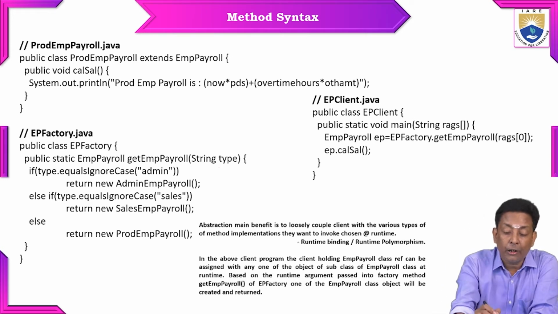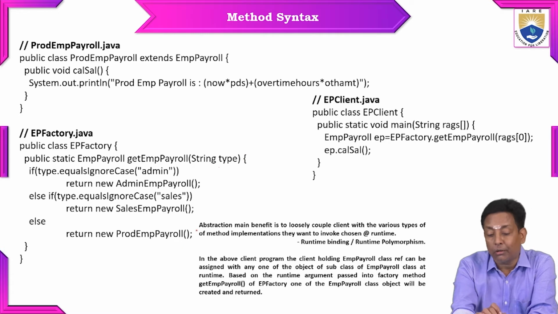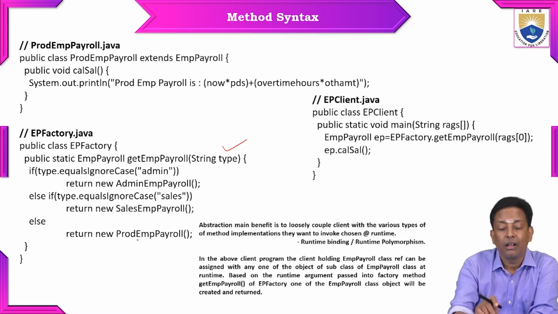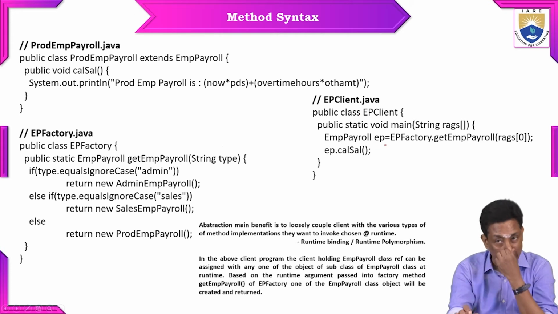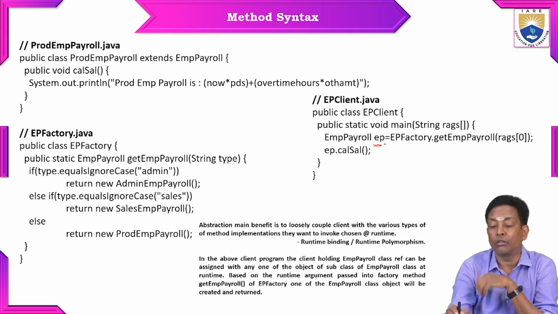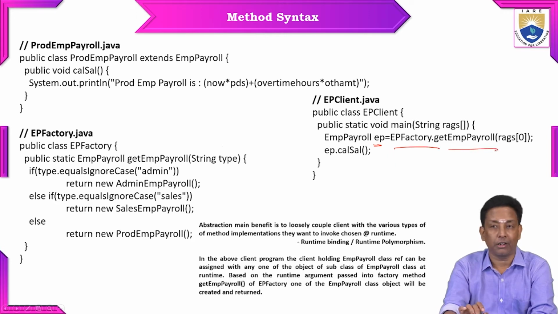So here we are returning employee variable or sales employee variable or production employee variable, whichever employee type asked into this method. That above employee variable class object will be returned by this factory method. So coming to the client, in the client I'm writing employee variable EP. It's a superclass. Employee variable EP is equal to EP factory dot get employee variable method. I'm calling.